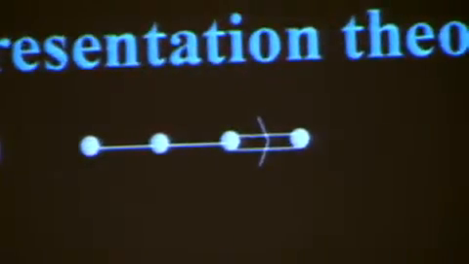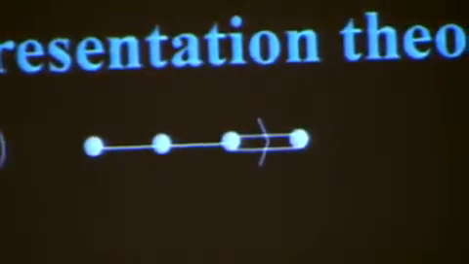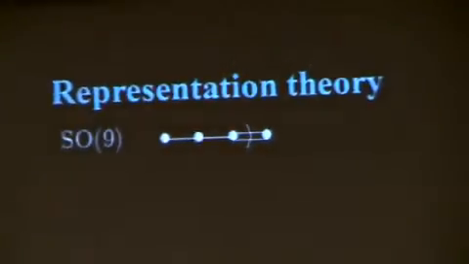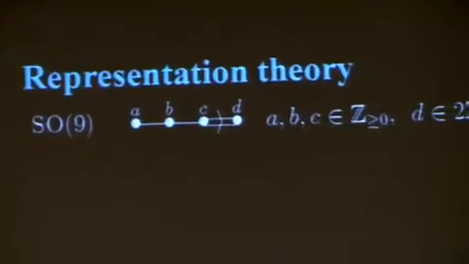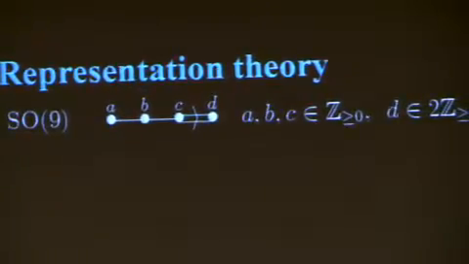This is a so-called Dynkin diagram. So all of the classical Lie groups are in association with so-called Dynkin diagrams. This is the Dynkin diagram for SO9. And the point is that not only can you denote the group itself by this Dynkin diagram, but you can also list its representations. And here they are. The representations are labeled by putting integers over the nodes of this Dynkin diagram.